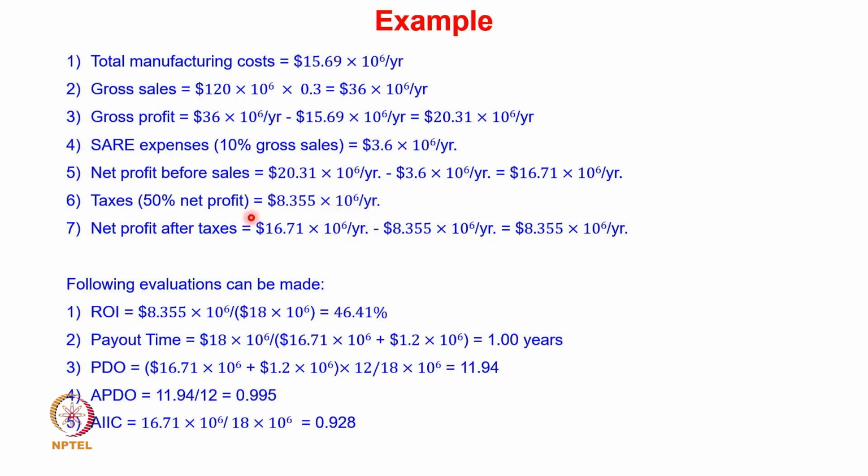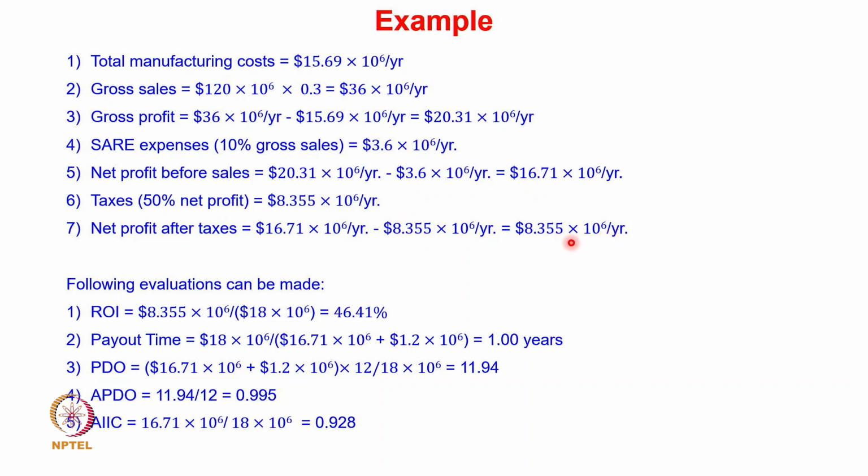This will be the amount which has to be paid as taxes. And if we subtract these taxes from the net profit before the sales, we are going to get net profit after the taxes. Okay. So net profit after the taxes comes around 8.355 into 10 raised to power 6 dollars per year. This is the value we are getting.